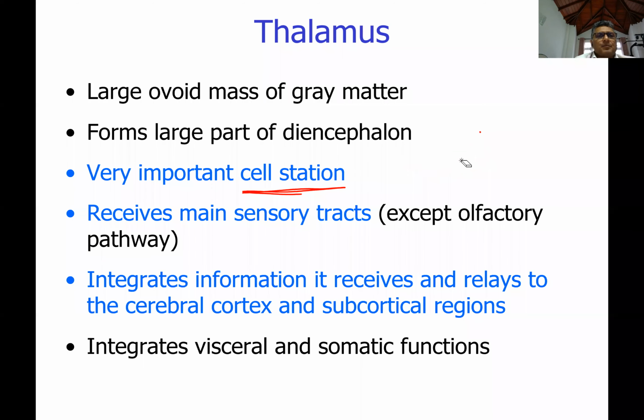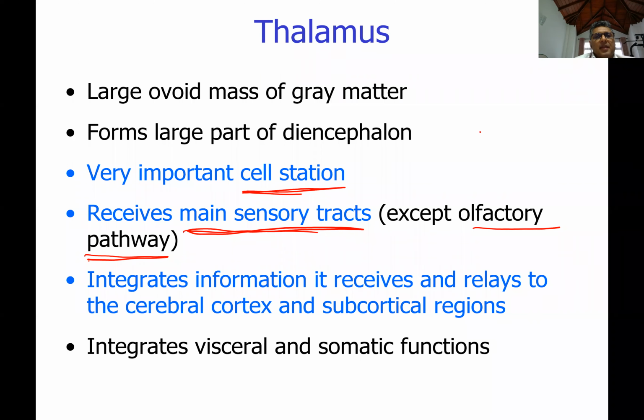The thalamus receives almost all main sensory tracts except the olfactory pathway. So the smell does not go through the thalamus.